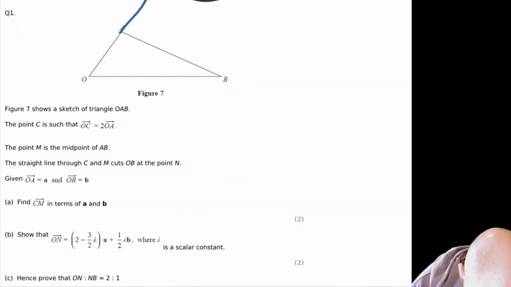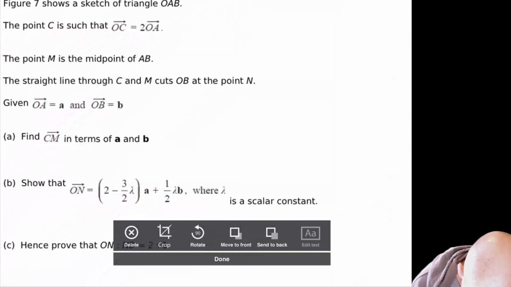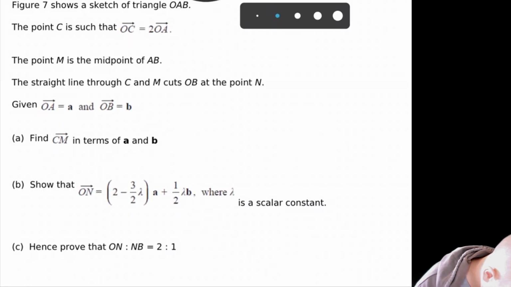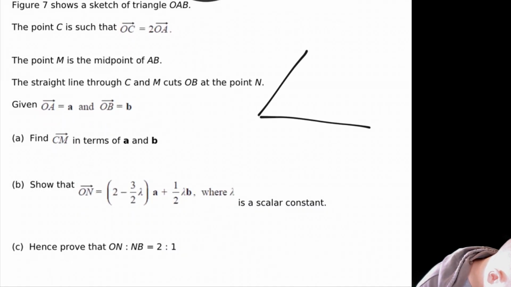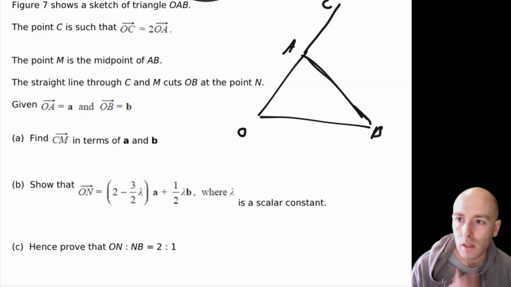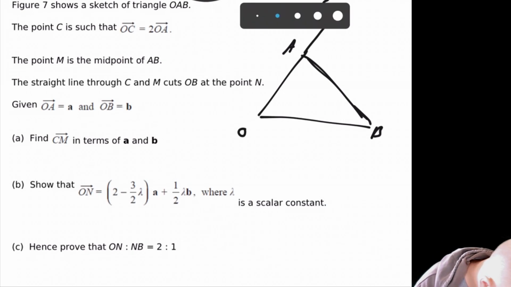I'm just going to redraw this, I think, because it's annoying. So C must be up there. Okay. We know M is the midpoint of AB, so M can go here.